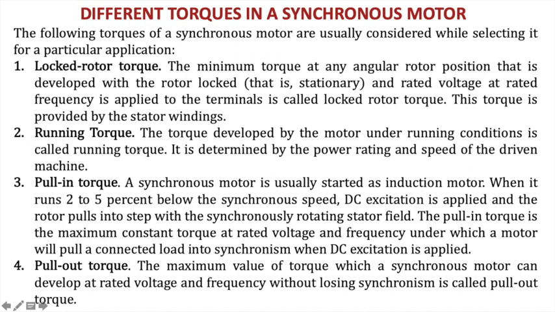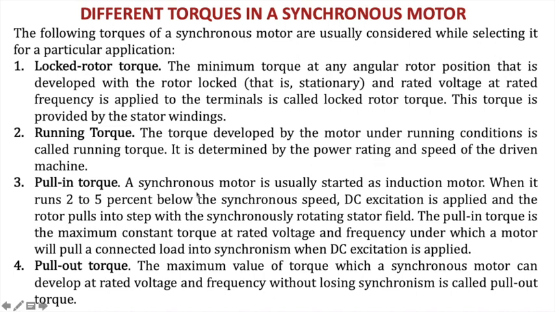The running torque, the torque developed by the motor under running condition, is determined by the power rating and the speed of the driven machine. Now the pull-in torque is important. The synchronous motor is usually started as an induction motor, and when it runs near synchronous speed under no load condition, DC excitation is applied and the rotor pulls up into step and starts rotating at the synchronous speed.